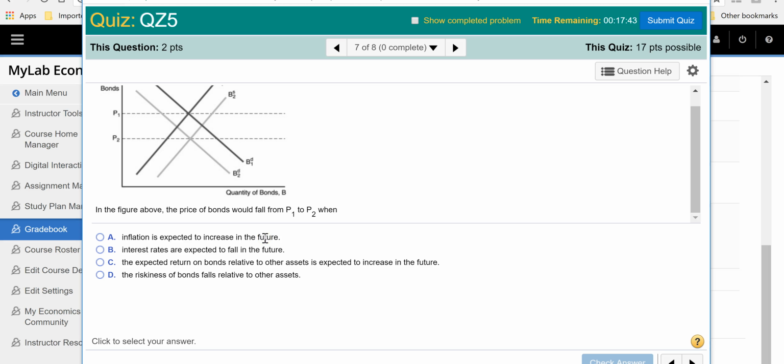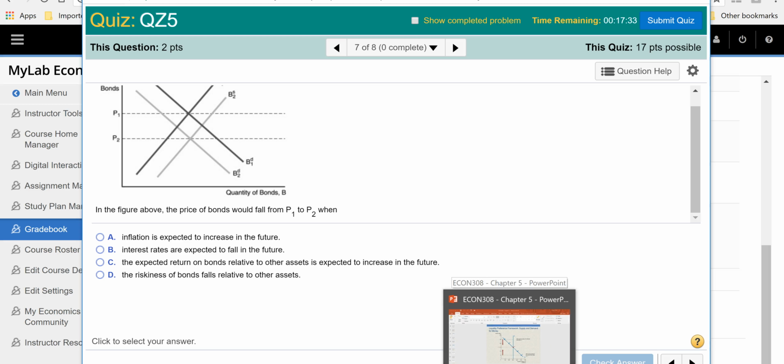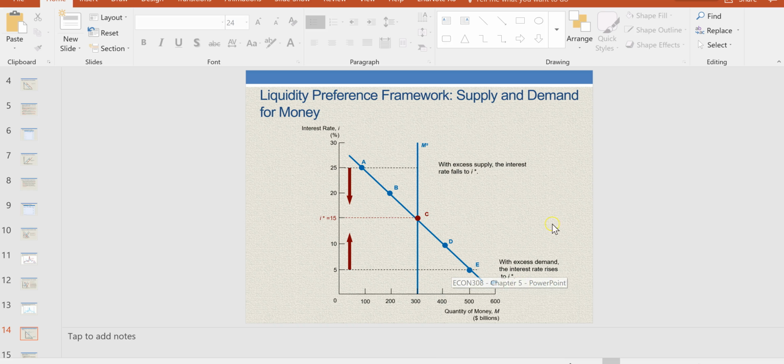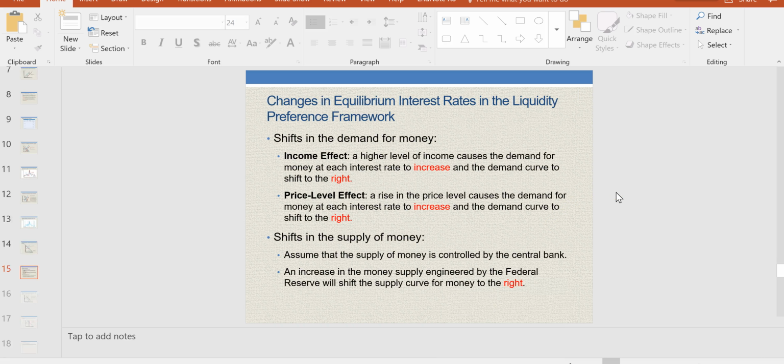If inflation is expected to increase in the future, we talked about that in our session, and you can also check my lecture slides.